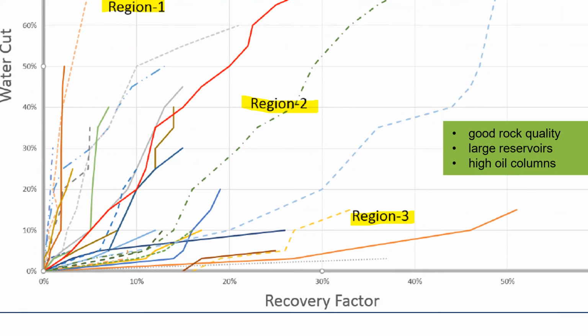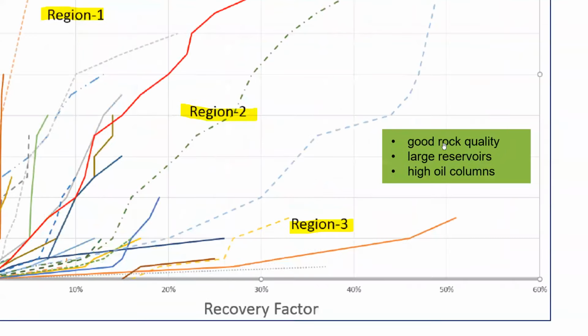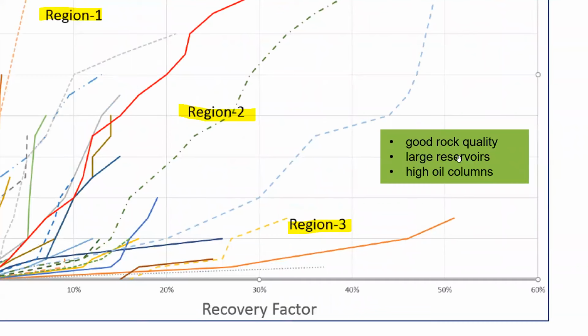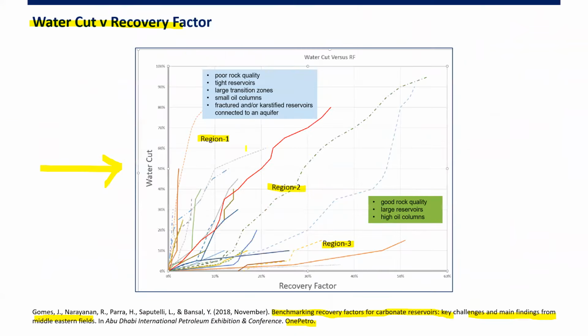This is a very good thing. You get more and more recovery factor, but the increase of water cut is rather slow. You can get that kind of performance in reservoirs with good properties, large reservoirs, and of course, thick oil columns. All right, so you have region 1 and region 3, and basically the performance between them will lie within this region 2. So it's just like average performance.